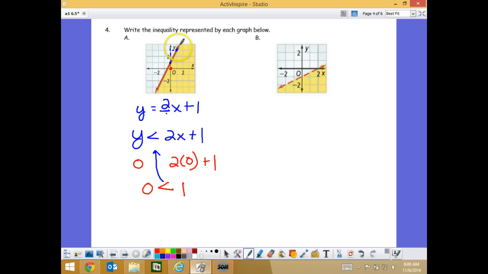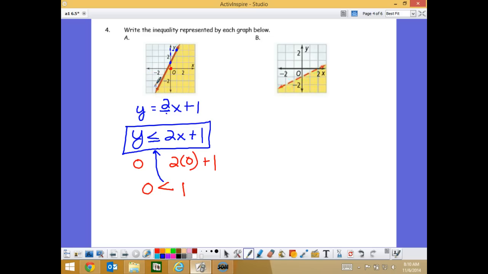Well, since the boundary line is solid, that means that every point on that line is a solution. And since it's solid, it should be less than or equal to, as opposed to just less than. So this is the inequality that describes that graph.